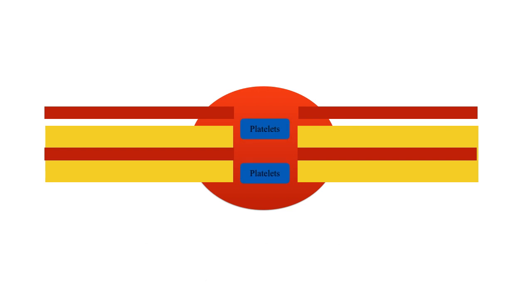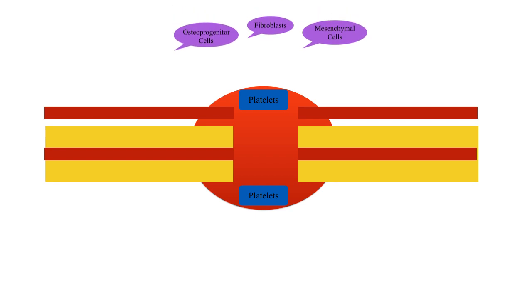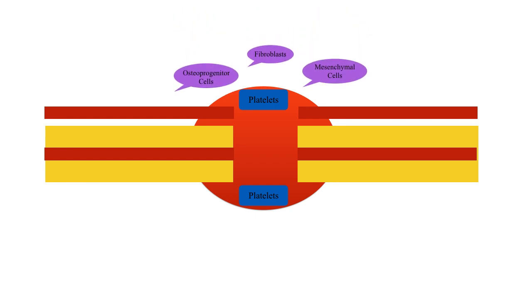The platelets which are present in the hematoma further get activated, and along with the neutrophils, they produce cytokines, interleukins, and growth factors, which attract the stem cells towards the hematoma.